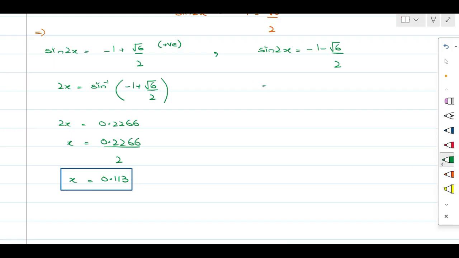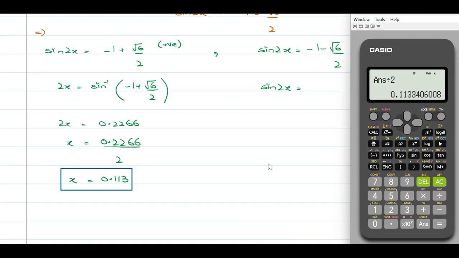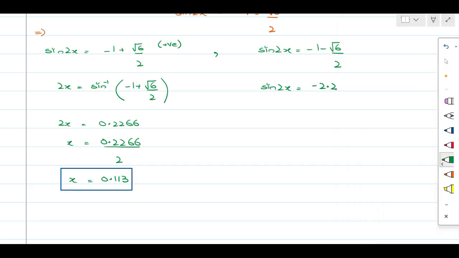Now let me check the second one. Here sine of 2x is equal to negative of this, so let me check minus 1 minus root 6 divided by 2. That is negative 2.2. Here we have no solution. Why?